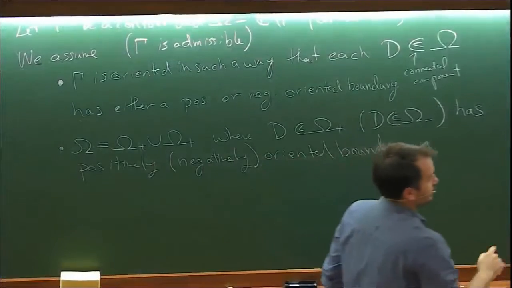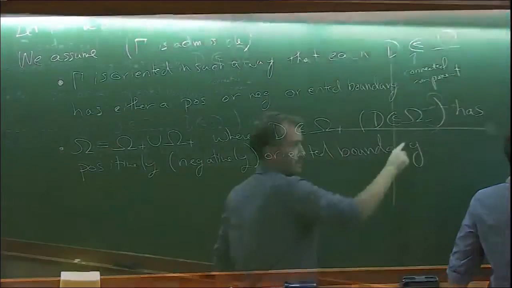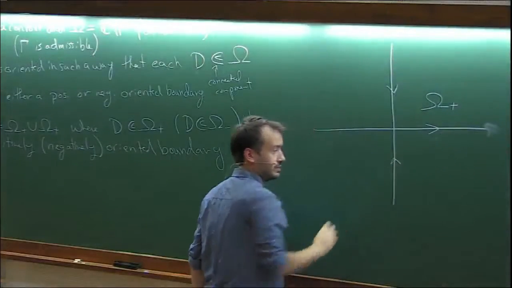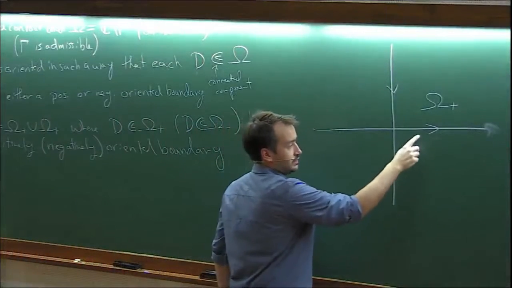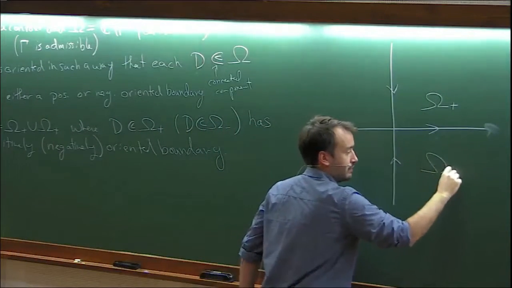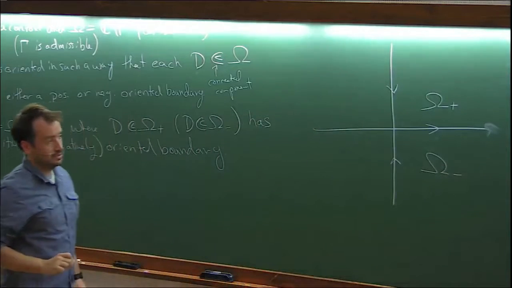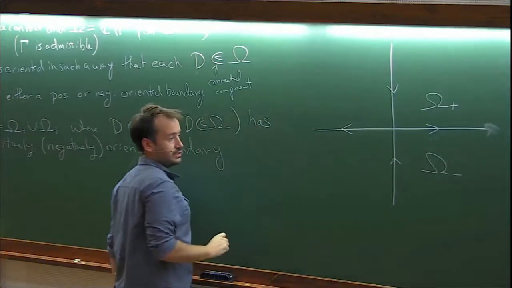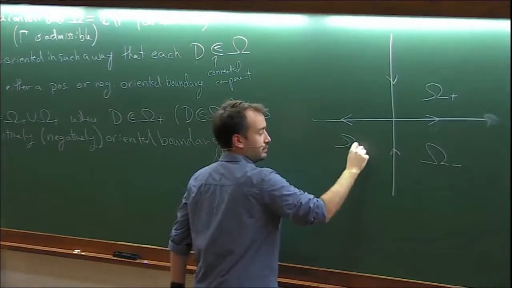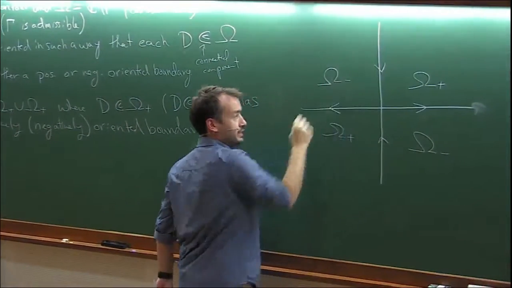And then this one has to have the same orientation, so that forces this to be that way. And then this lies to the right, so this is omega minus. And that also forces this one to have this orientation. This is omega plus. This is omega minus.